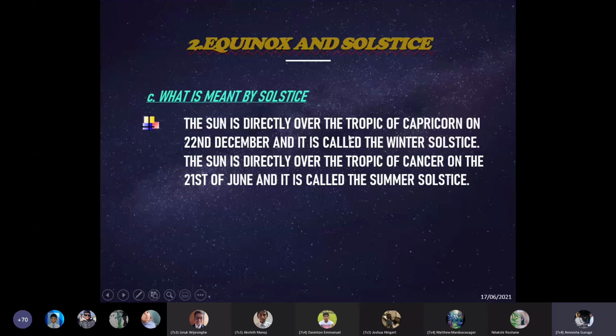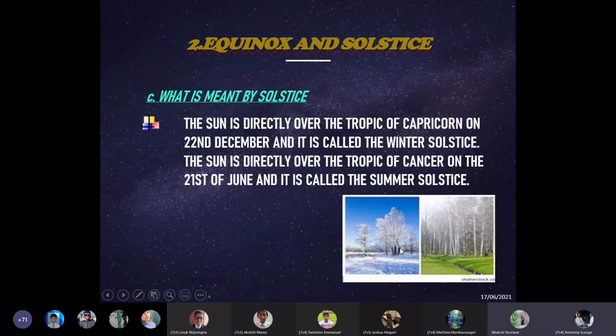When the sun is directly over the Tropic of Capricorn on the 22nd of December, it is called the winter solstice, while when the sun is directly over the Tropic of Cancer on the 21st of June, it is called the summer solstice. So this is the winter solstice and this is the summer solstice, as you can see in the slide.